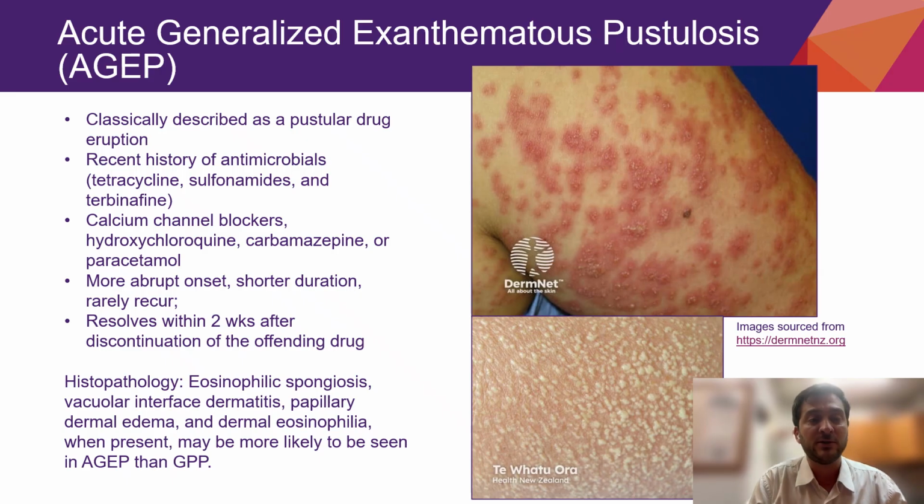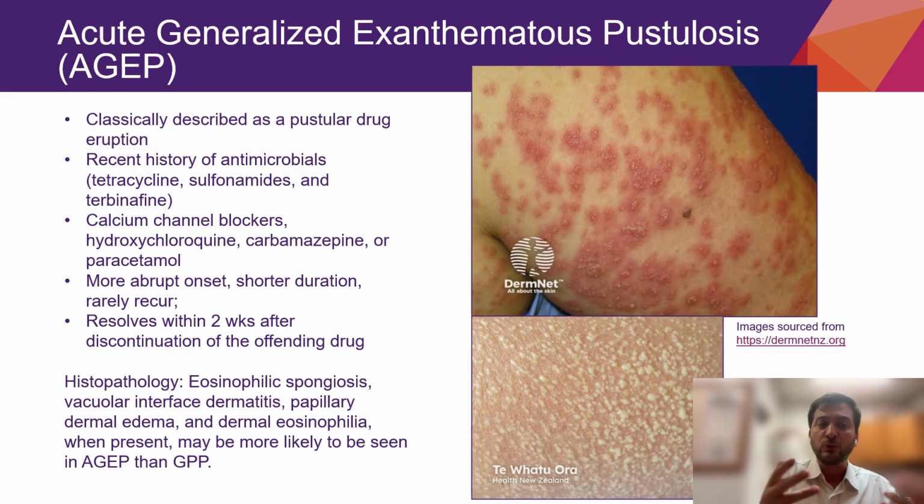So it's very important in the medical history that you ask for recent use of antimicrobials like tetracycline, sulfonamides, and terbinafine, also calcium channel blockers, hydroxychloroquine, carbamazepine, or paracetamol, which is also acetaminophen. So those are the medications that epidemiologically have been more systematically described as triggers for AGEP induction.